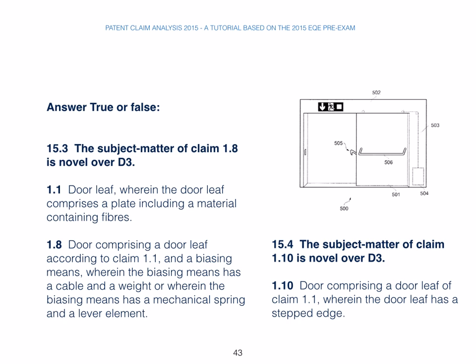Here, the subject matter of claim 1.8 is novel over D3. Now we have claim 1.8, which depends upon claim 1.1.